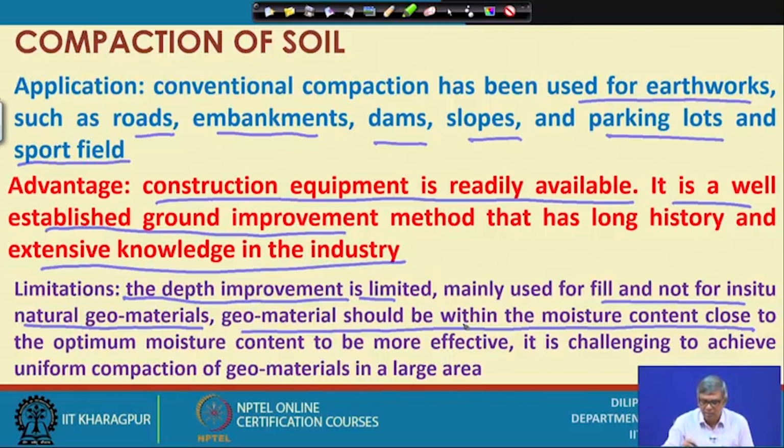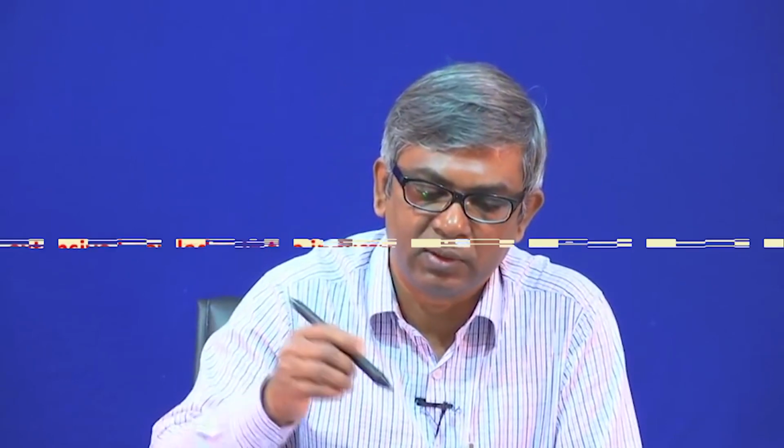These are the disadvantages. It is also challenging to achieve uniform compaction, because the roller moves back and forth, sometimes covering the area only partly and sometimes fully, so the compaction over the entire area may not be as uniform as desired. So, these are the few limitations.